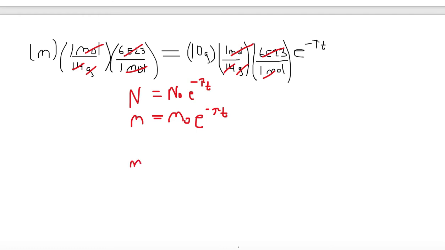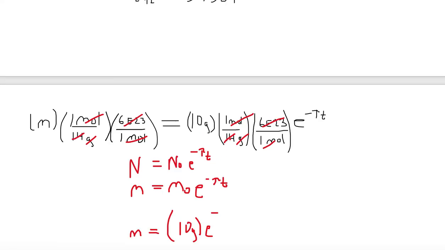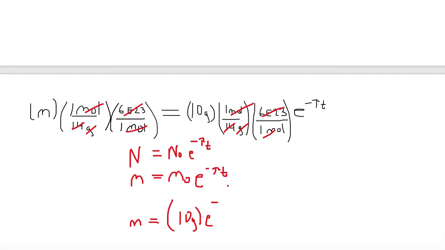We want to solve for M. So M is equal to M0, which is 10 grams, and then all we have is our e to the minus lambda t. Our lambda, we already have up here, 1.2 e to the minus 4, and our units are 1 over year.